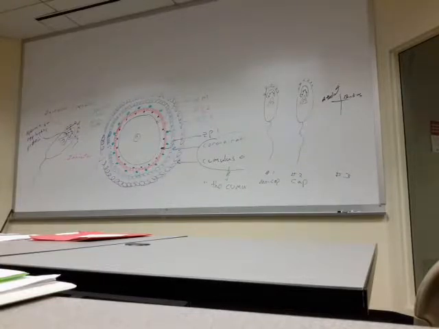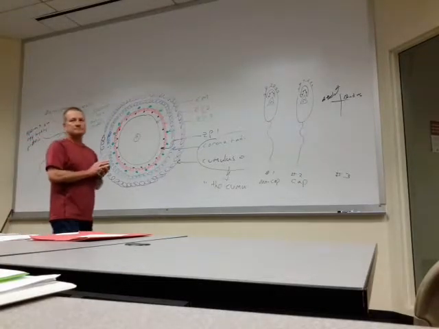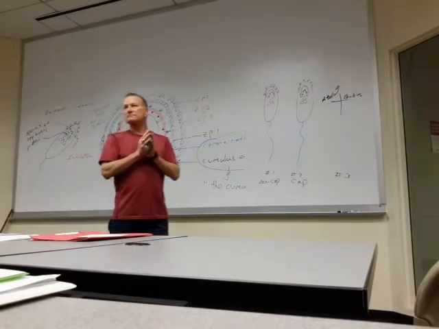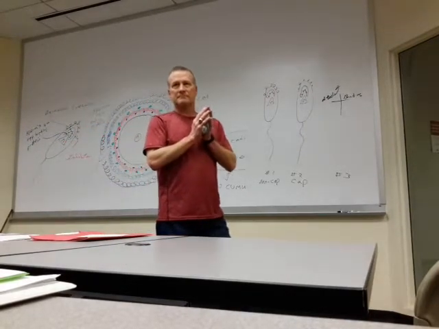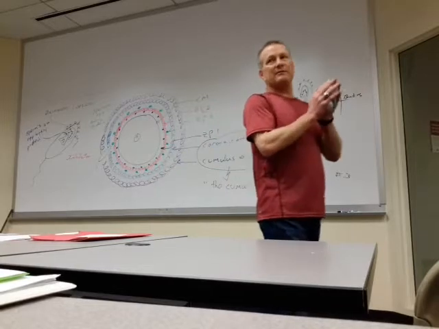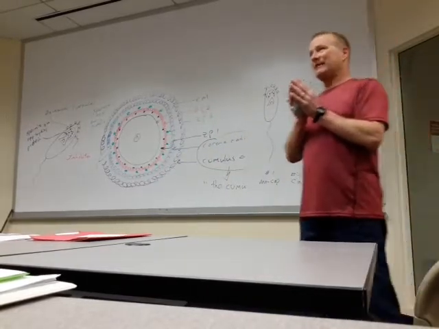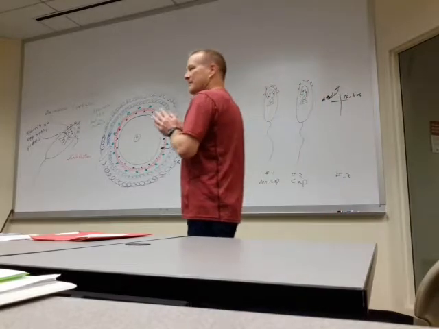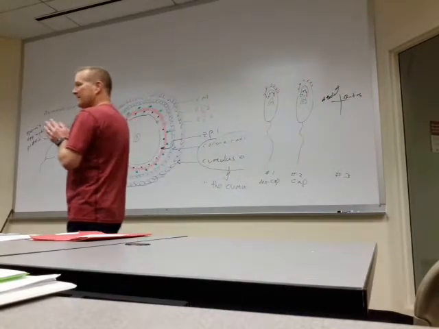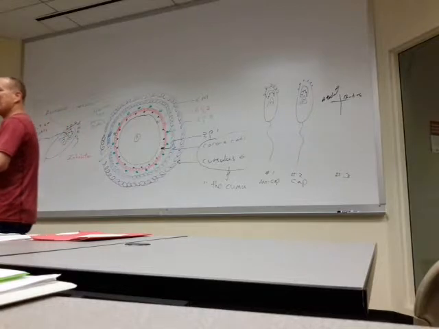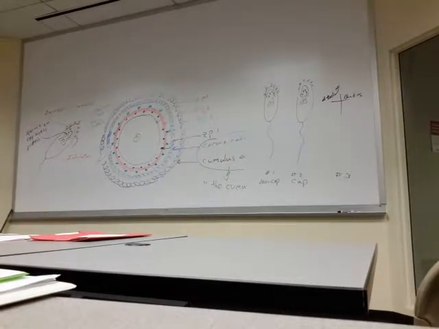Binding is a tight association between the gametes. Attachment loose, binding tight. Attachment is not species specific. What is not species specific? Attachment is not species specific. Binding is species specific.